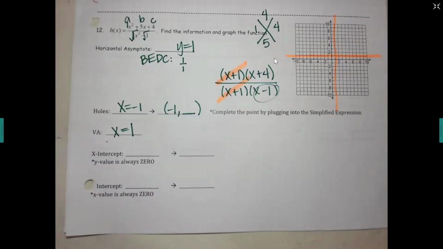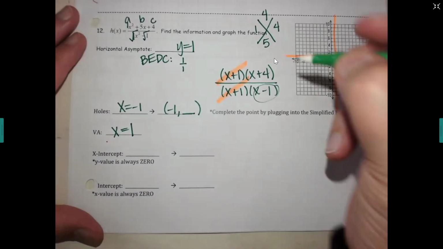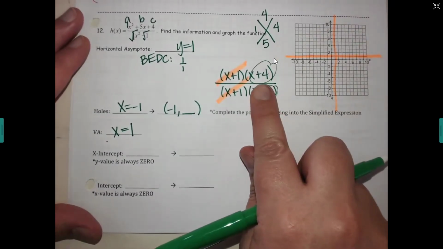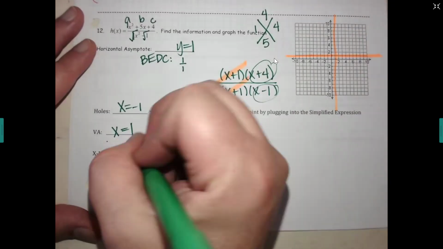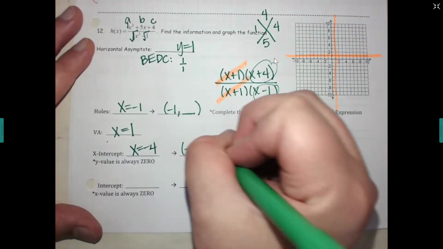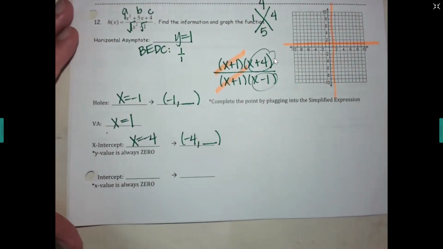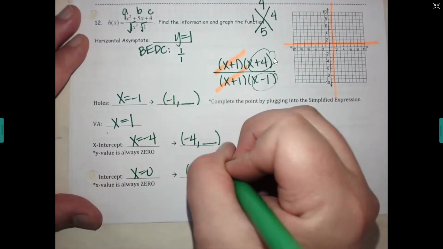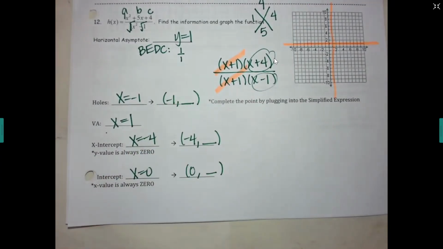Any x's left on top for an x-intercept? Yeah, we have a +4, which means it's going to cross the x-axis at -4, or -4 comma something. Then remember your y-intercept, the x is always a 0, and you're just going to look up its partner in the chart.